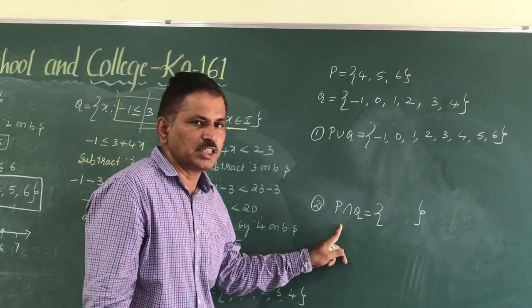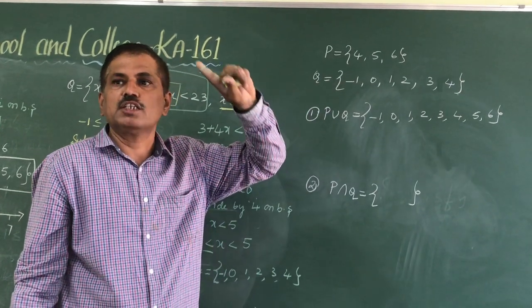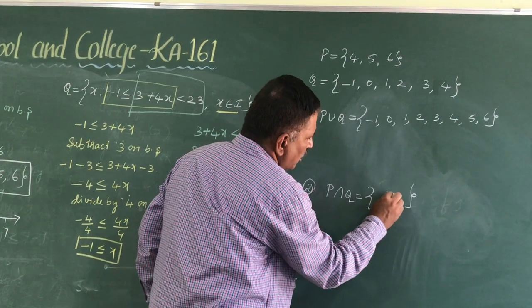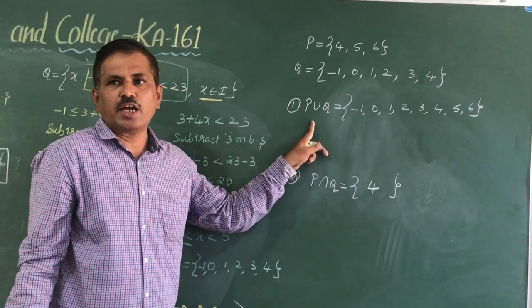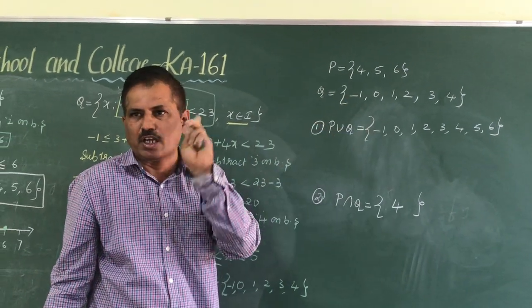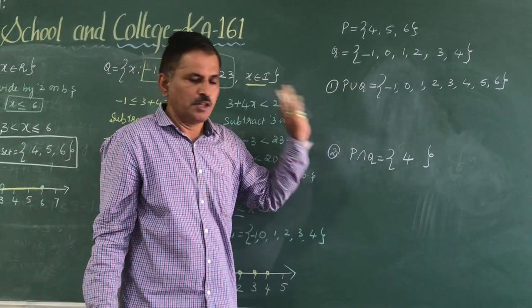Whereas intersection means you have to take the element which are present in both, that is the common element. So among these two, the common element is 4. So repeat again, union means you have to take all the elements present in both the sets maximum of one time. Intersection means you have to take the common element.